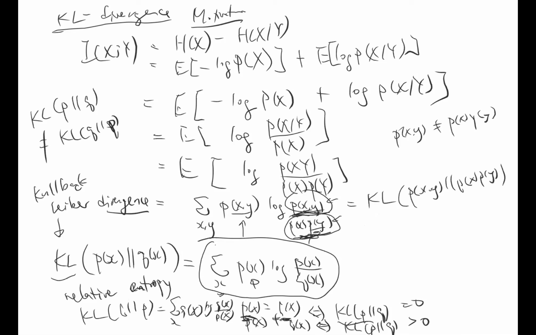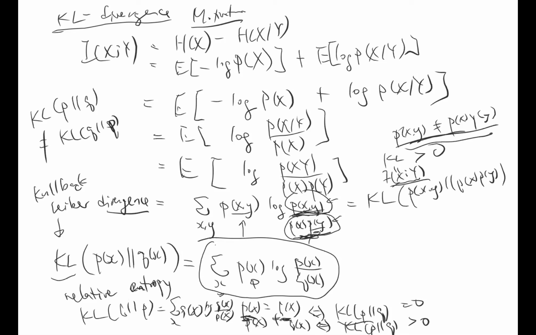If this is not the same, the KL-divergence is always bigger than 0, and that KL is equal to the mutual information. That's what we want: if it's not independent, then the mutual information is bigger than 0. On the other hand, if your mutual information is equal to 0, it also forces them to be independent.